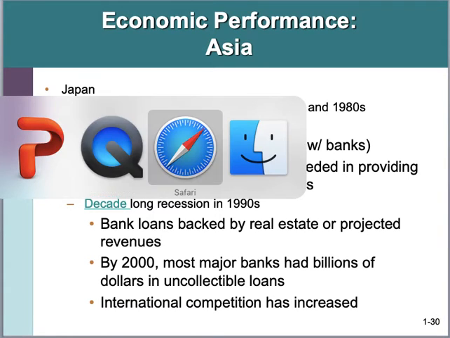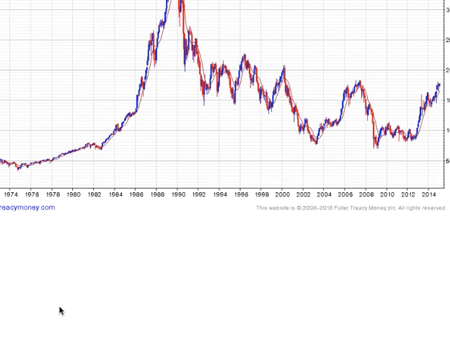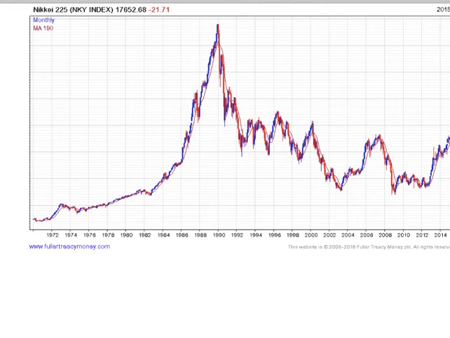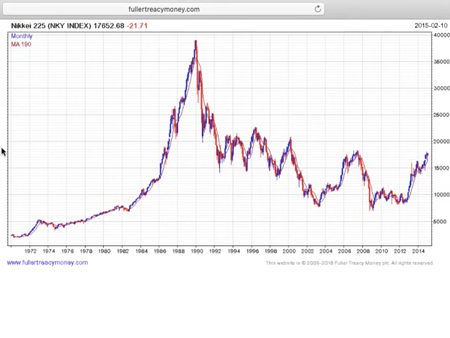And I want to show you guys this chart here. If you'll look, this is a chart of the stock exchange in Japan, called the Nikkei. And what you see is the Japanese economy boomed in the 70s and 80s, just went up so much.